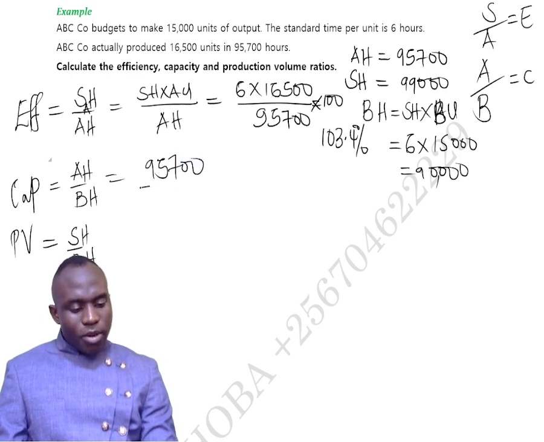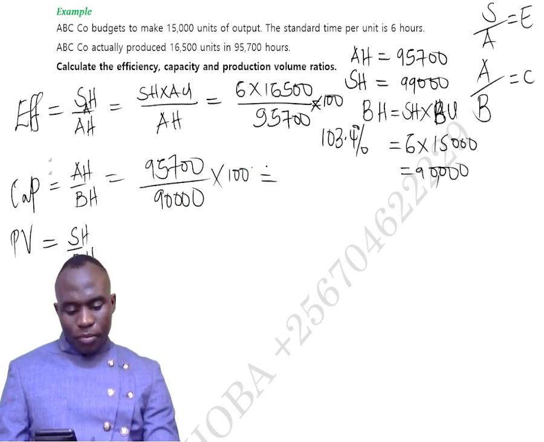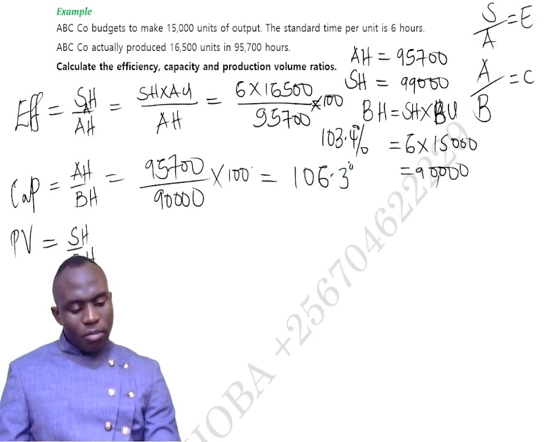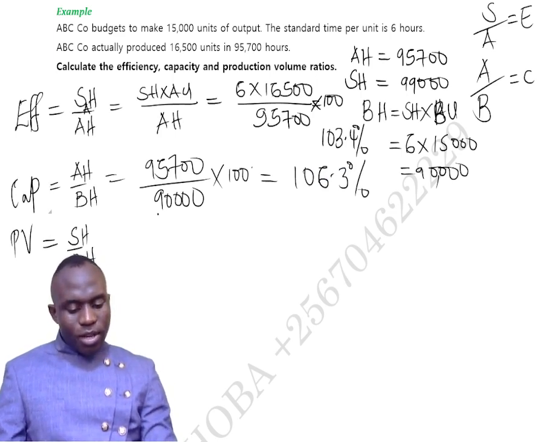Capacity ratio, it is actual hours, which is 9,500, divided by budgeted, which is 90, times 100. So the answer we get is 106.3%. And finally, for production volume, it is standard.